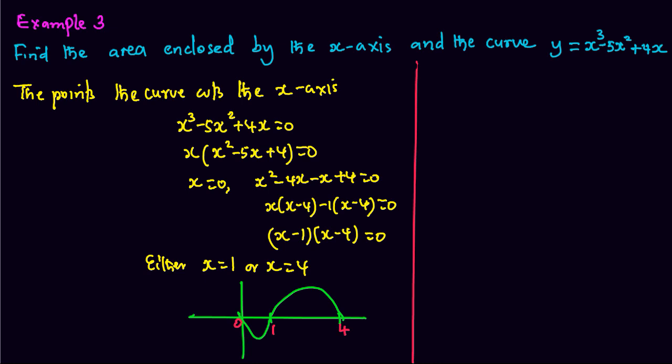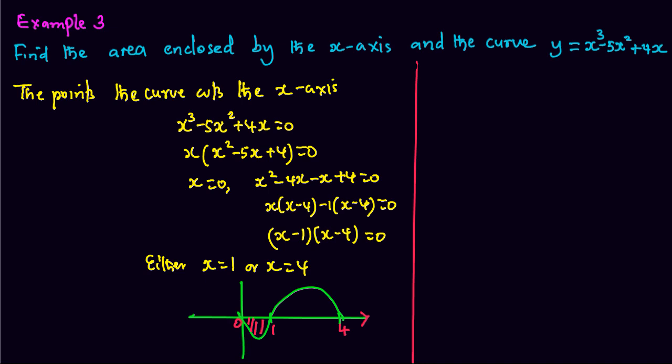Usually, if the areas are under the x-axis, it will give us a negative value to indicate that the area is below the x-axis. And if the area is above the x-axis, it will always give us a positive value.